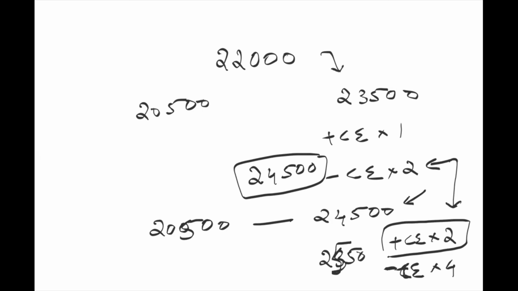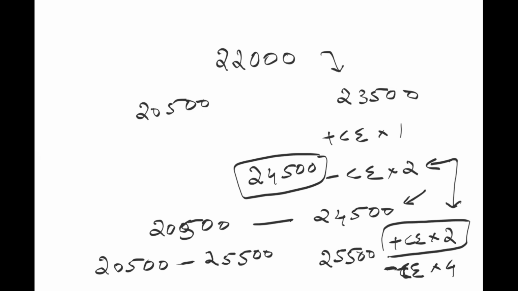So now what is your range? 20,500 to 25,500. This is how you can keep on extending the range as much as required. Okay, so there is no problem.